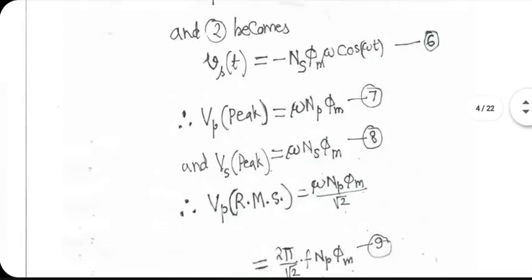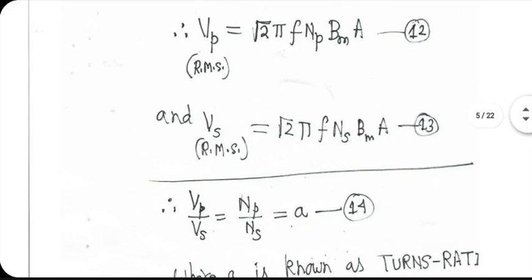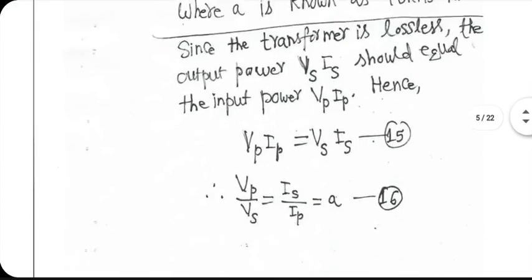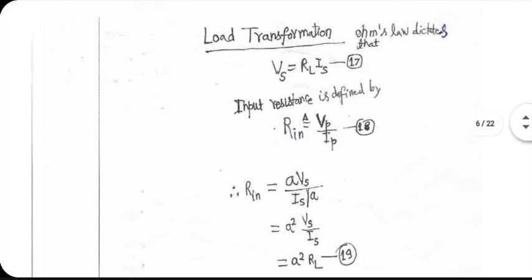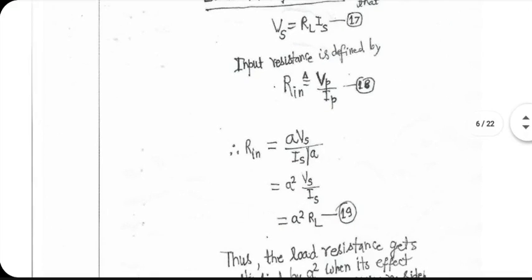Theory doesn't change because of that. Only thing is you'll have to deal with complex numbers when making calculations. So if Rin is Vp upon Ip by definition, and RL is Vs upon Is, let's see what happens to Rin.